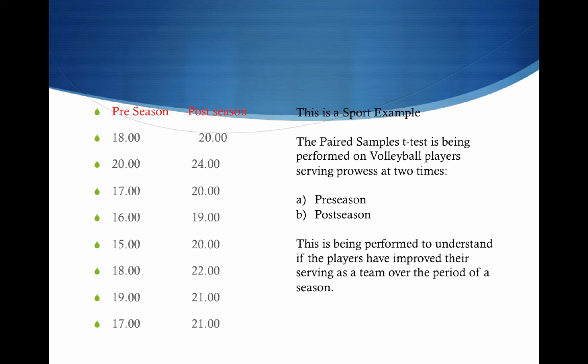You're looking at whether the players improved over the season. Each of them served 25 serves. Preseason scores are on the left, the postseason scores on the right. You can already make an analysis of whether they improved or not just from there, but you don't know how much, and that's what you're going to do.